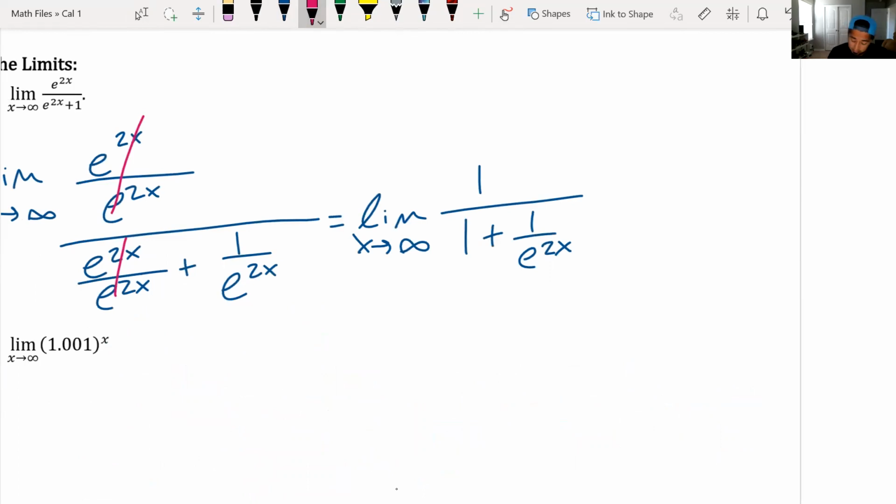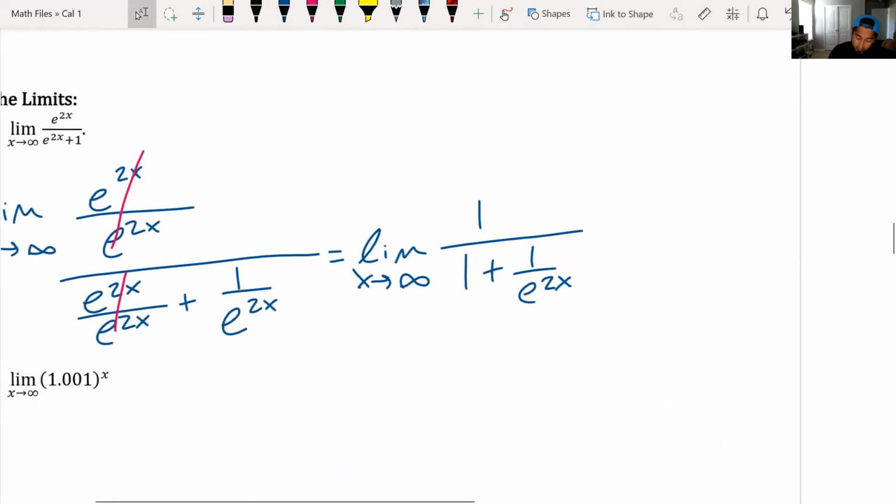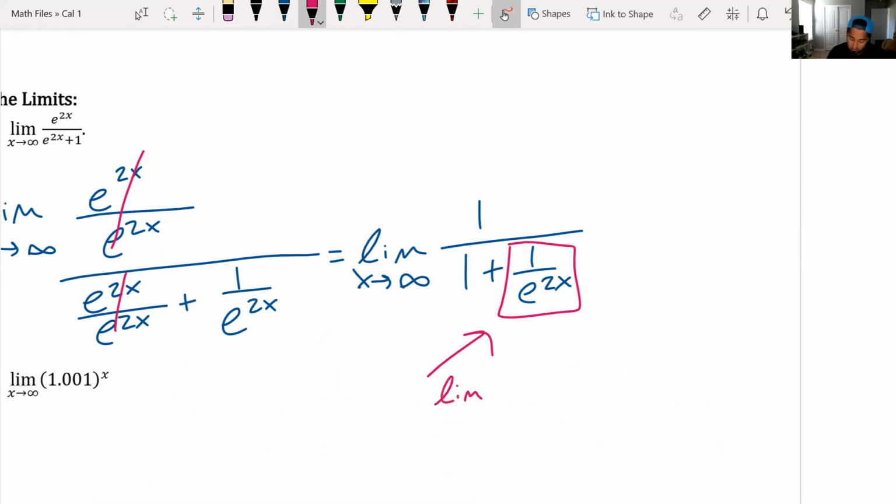And I'll write it again. This e to the 2x can be seen just like our limit property. The limit as x approaches infinity of 1 over x to the n equals 0, which means that this limit is headed towards 0.